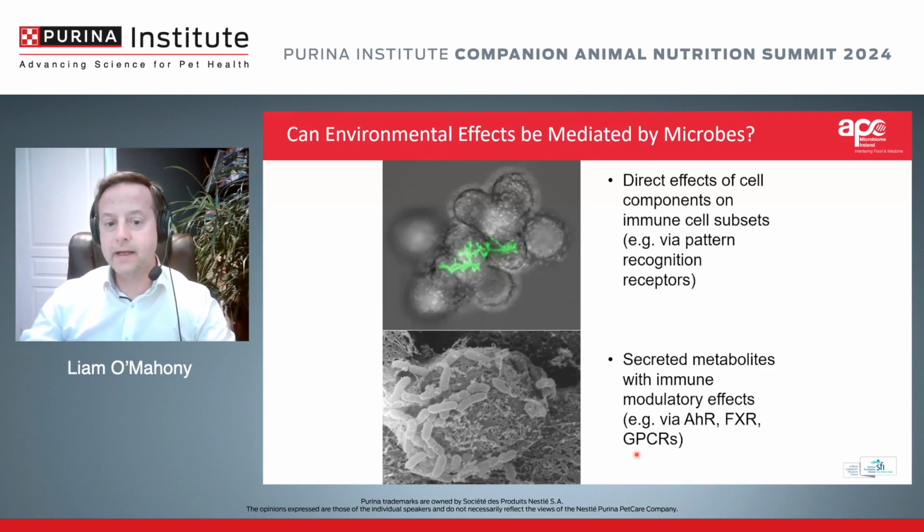And microbes can influence the immune system via many different ways, but the two ways we look at it are that there are direct effects of microbes on immune cells, for example, via pattern recognition receptors, but perhaps more importantly are the secreted metabolites that can have a number of immune regulatory effects distant to the site that the bacteria is sitting, because these metabolites can often be absorbed and can have effects on other parts of the body.